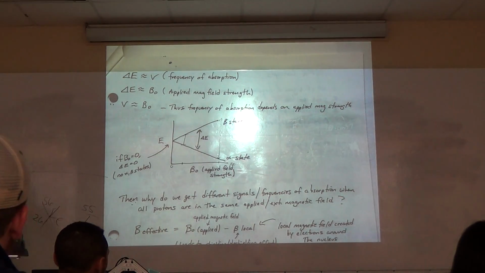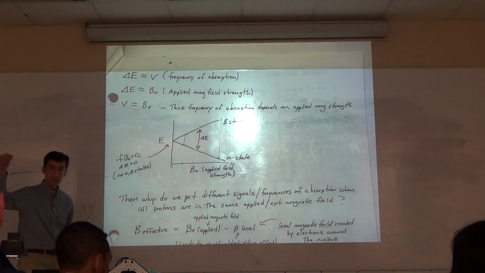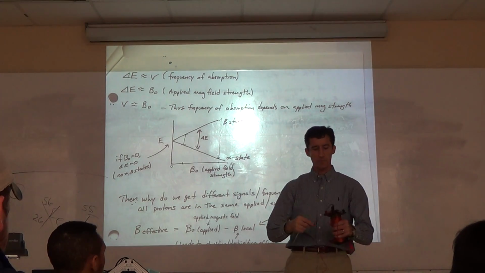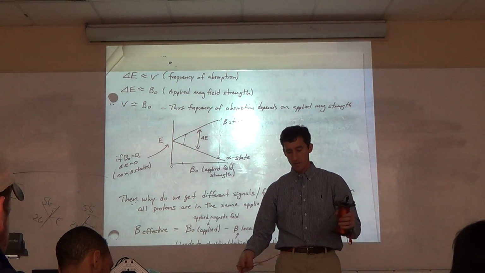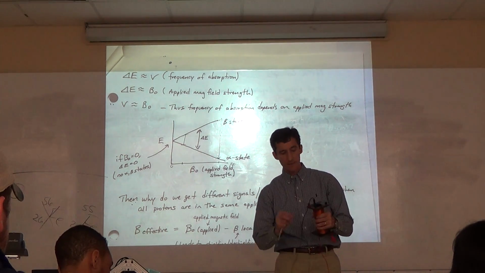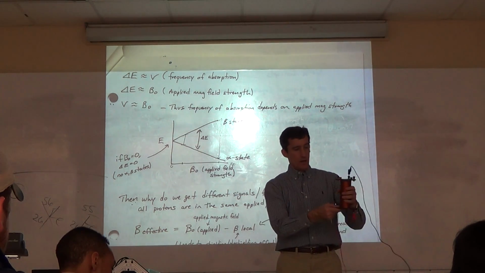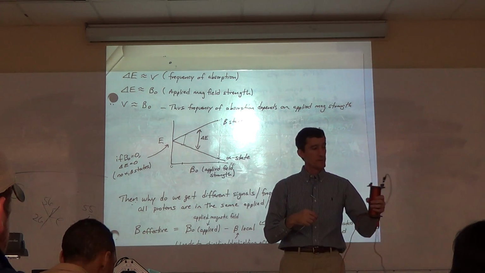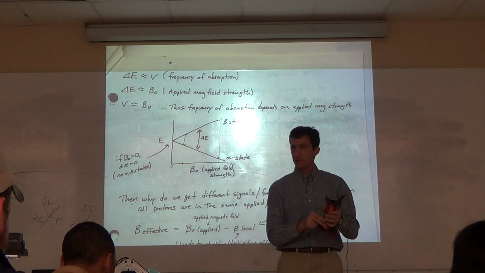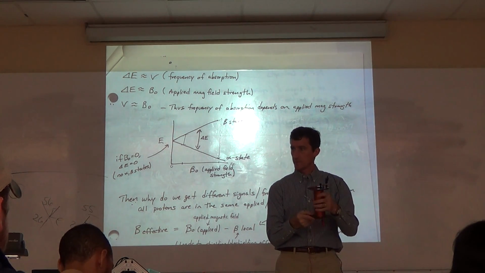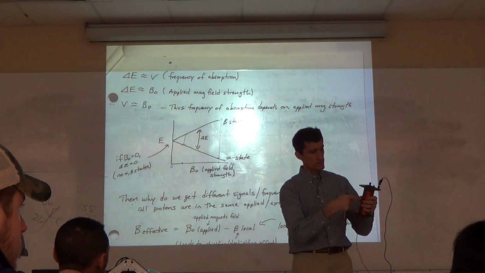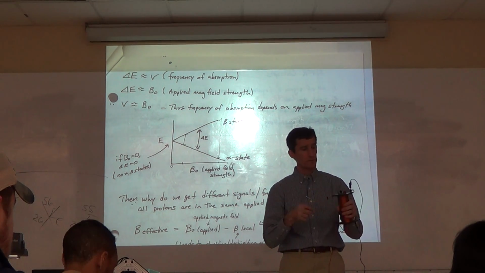By the way, I did bring this. You make your sample, you go to the NMR. I don't have a picture of an NMR, but it has a magnet in there, usually a superconducting magnet. All this is covered with plastic, you have to open it up to see it. You'll see this in physics: plug this into a battery, and as the current runs through here, it creates a magnetic field.